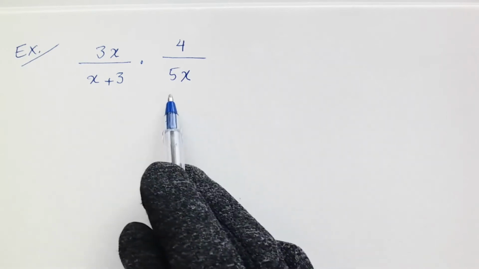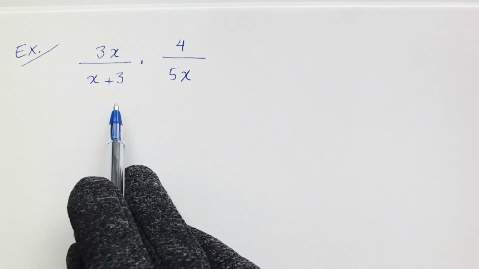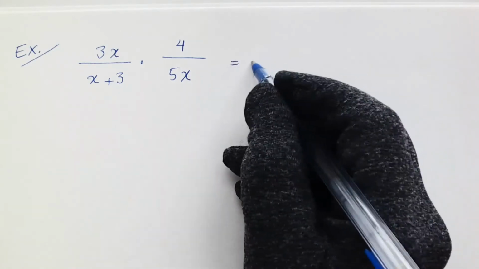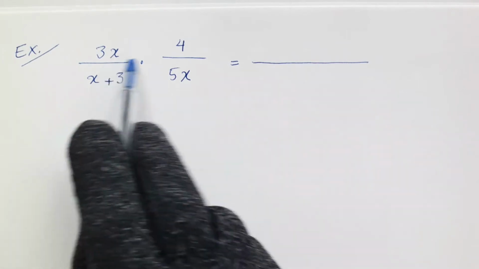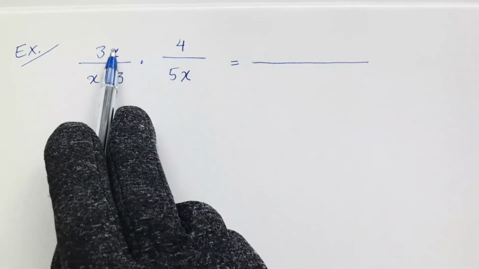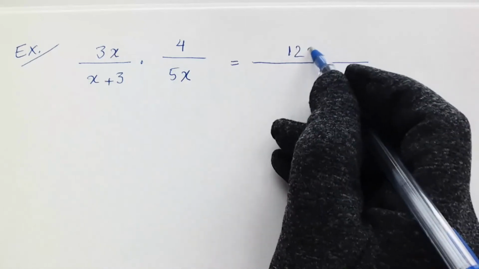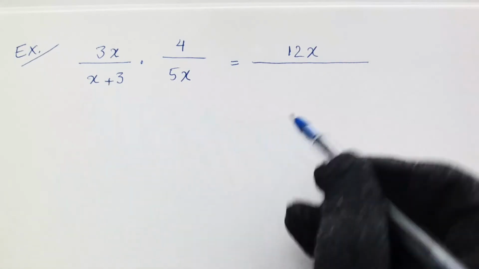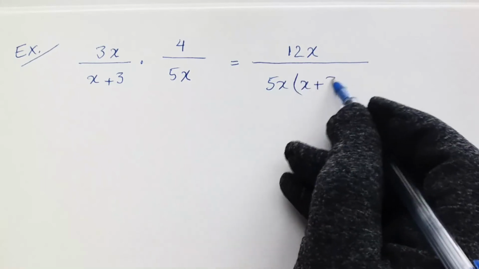Let's do multiplication between these two rational expressions. We mentioned when we multiply two fractions, we have a new fraction where the top is the multiplication of the tops of the two fractions, 3x times 4, 12x, and the denominators multiplied by each other, which means 5x times x plus 3.